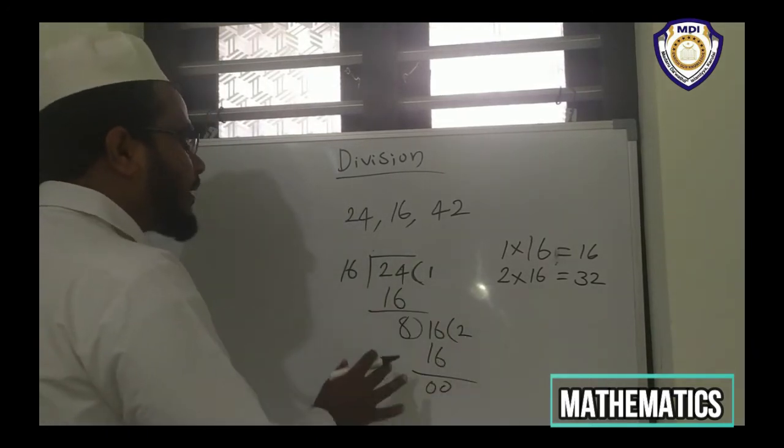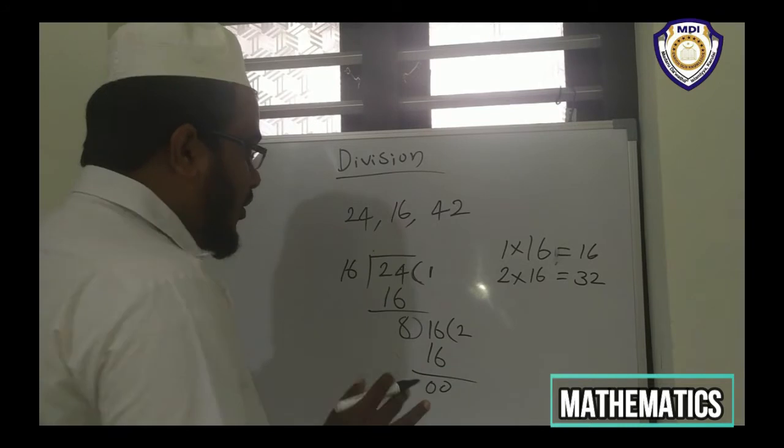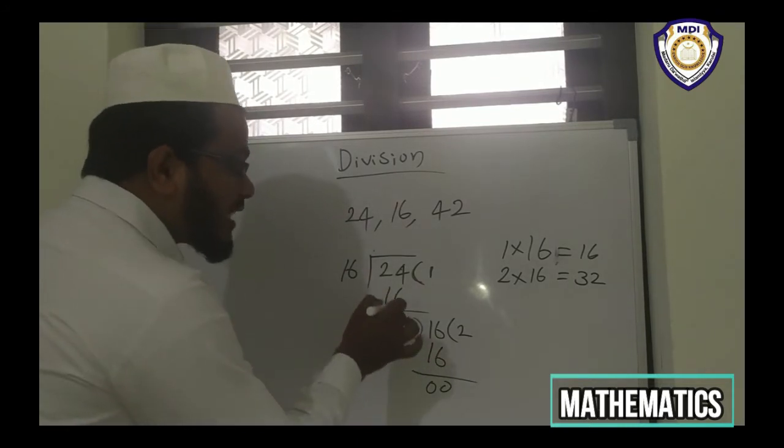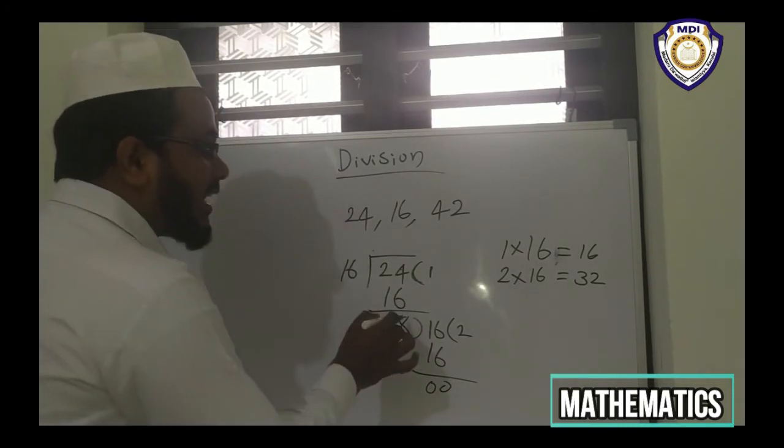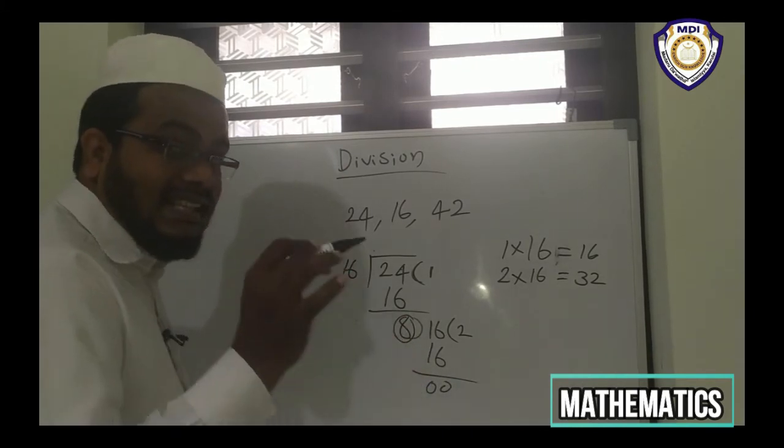In the long division method, we get the HCF, the highest common factor, as the last divisor. Please listen here.